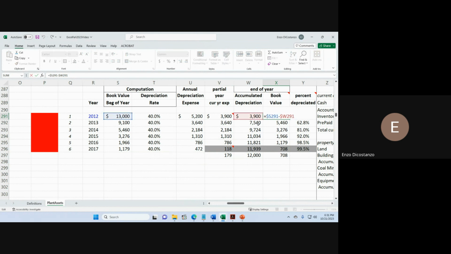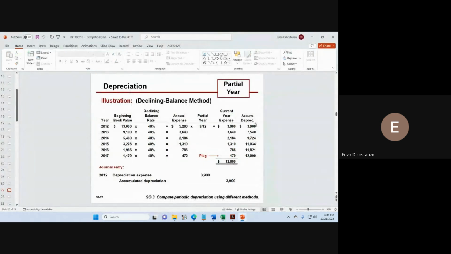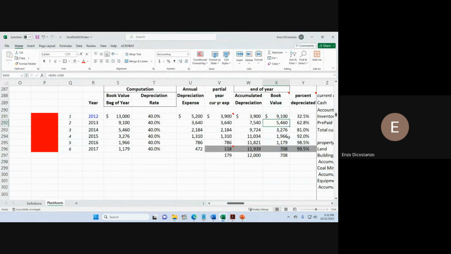Is the book 91? Yeah, the book is 91 because of this. And the next book, depreciate, depreciate, depreciate, depreciate. It's those two.